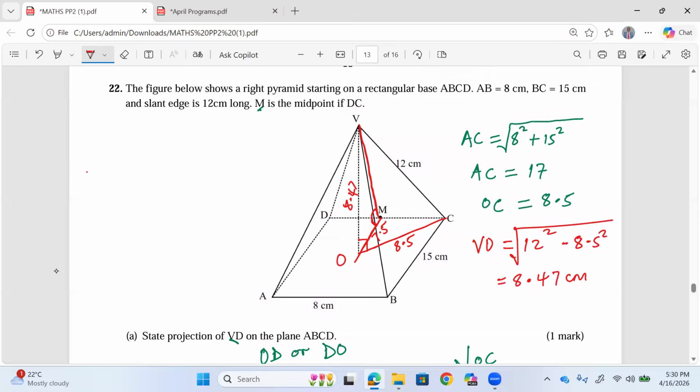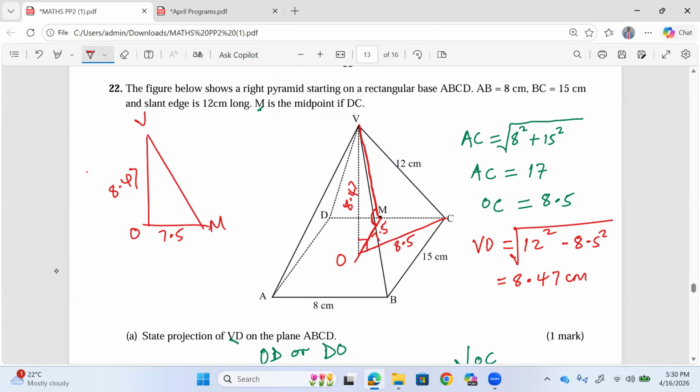So now we have a triangle with the vertical height 8.47, the length OM of 7.5, and the sloping edge.